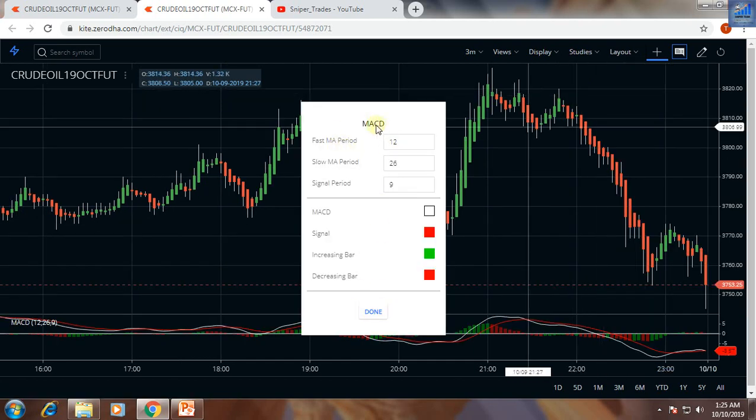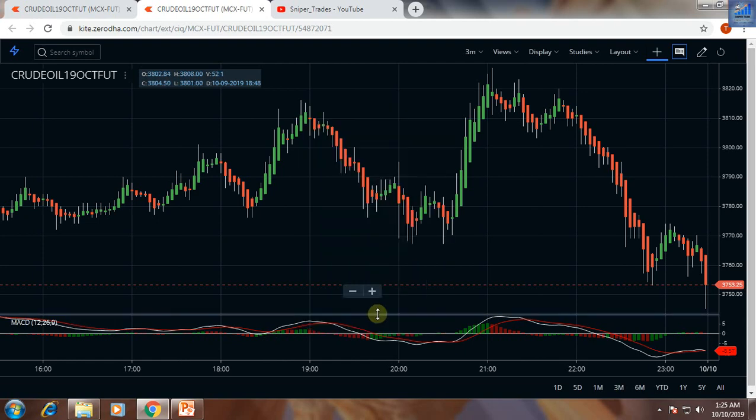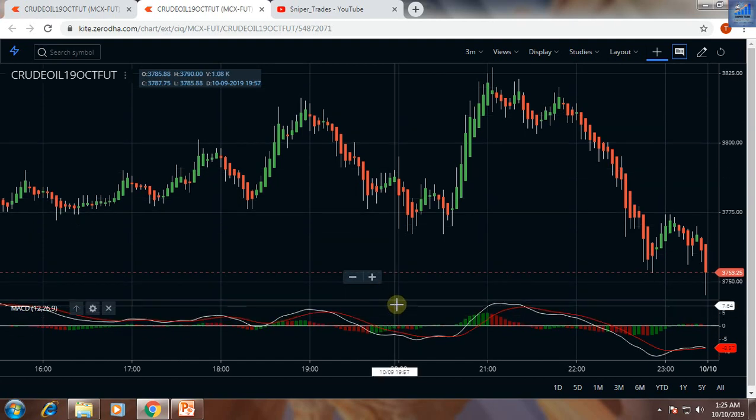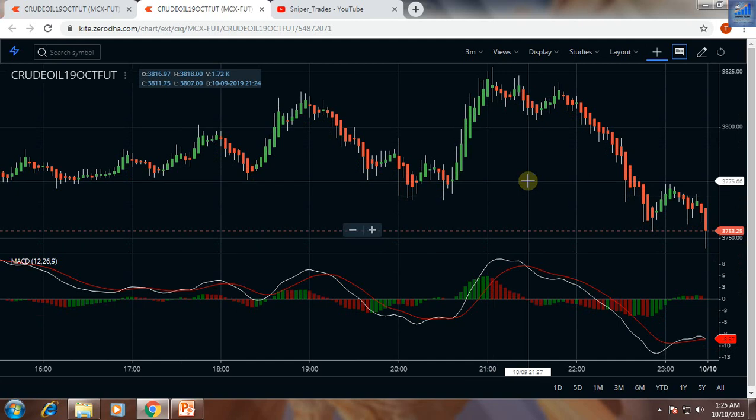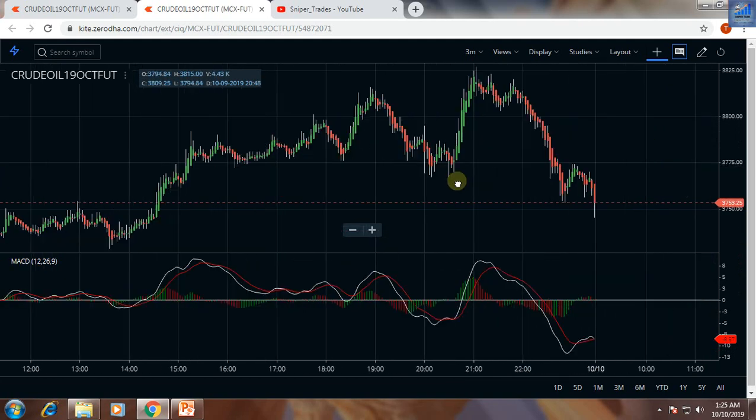This MACD indicator uses a 12 period exponential moving average and a 26 period exponential moving average, and the signal line, which is the red line, is of 9 period, so I am adding it. Let me make this wide so that everyone can see it clearly.